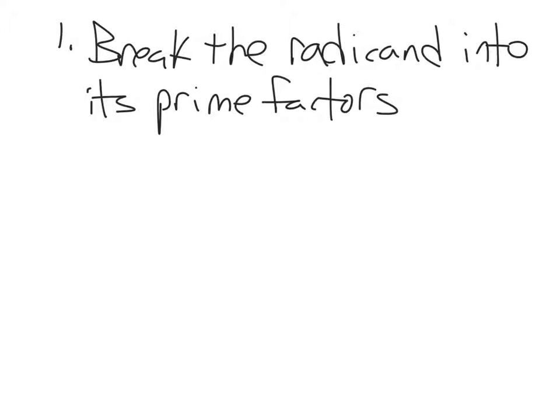The first thing you want to do is break it into its prime factors. What does prime mean? Like 7 times something. So 7 is a prime because its only factors are 7, or itself, and 1.